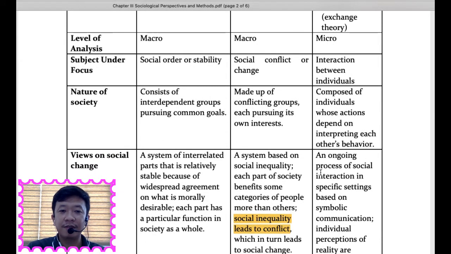Now, we also have the nature of society. For structural functionalism, ang pinaka-nature ng lipunan ay social institutions are in consensus. In consensus in terms of the goals of society, as well as in consensus in terms of how to achieve these goals. Okay, like for example, talk about SDGs, no?